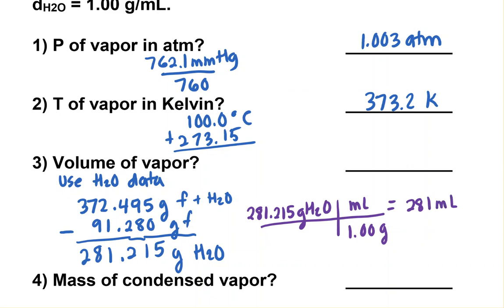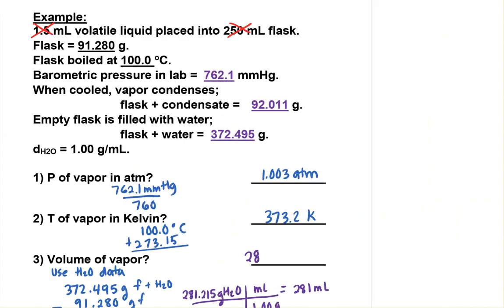Or you could keep track of extra digits there if you want to follow them. I'd probably keep them in my calculator. Okay, and so that's the volume of the vapor. The volume of the water equals the volume of the vapor.